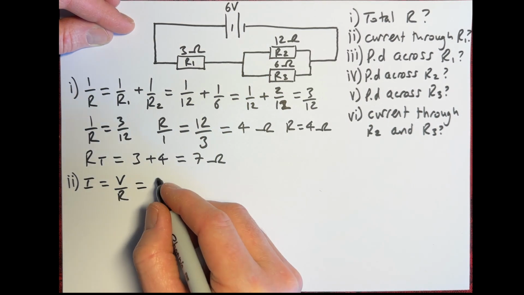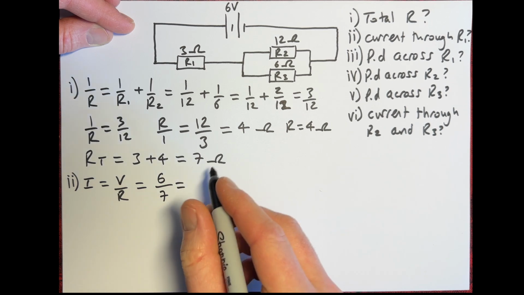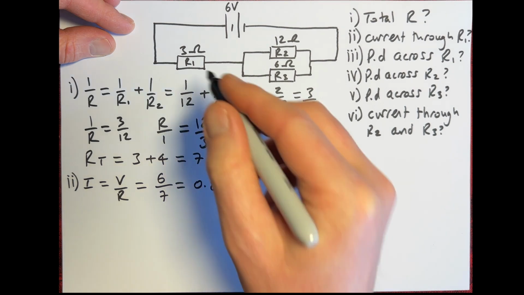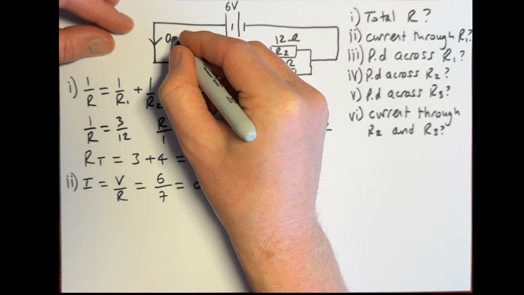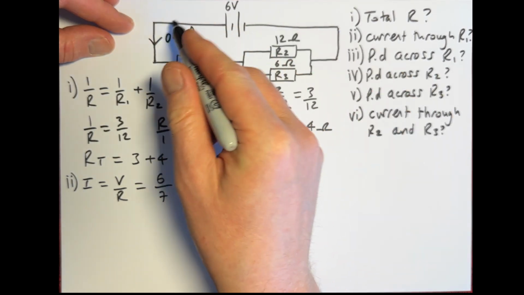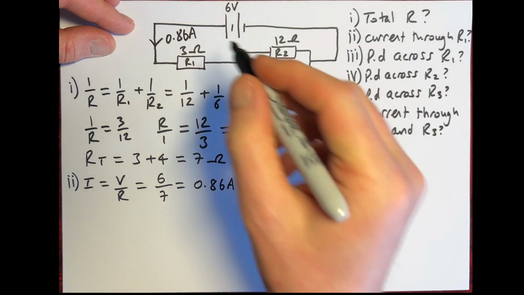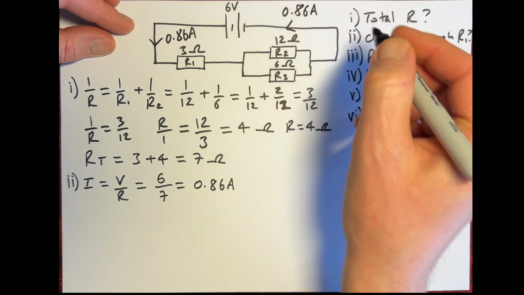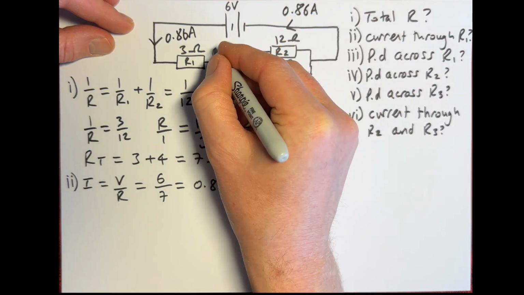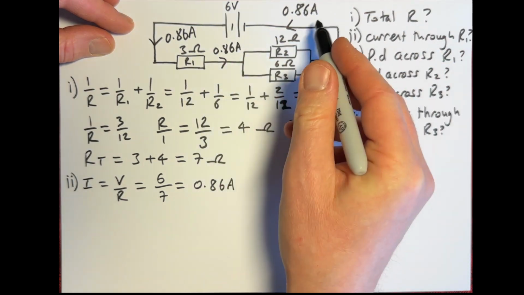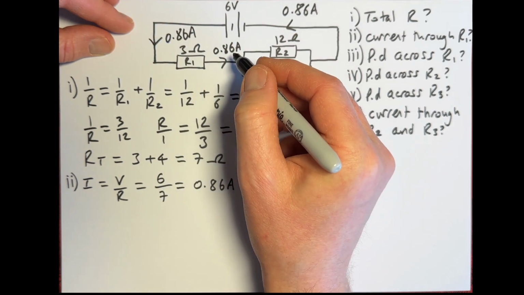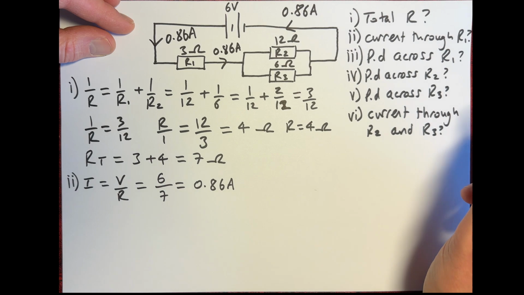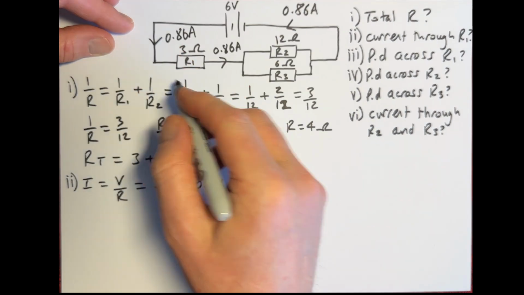So if we do 6 over 7, which gives us 0.86 amps, we now know that 0.86 amps is our total current flowing around the circuit. And we're going to get 0.86 amps here as well. So basically, to get the current, you take the total potential difference of the circuit, the battery potential difference, and divide it by the total resistance, and that gives you the current in the circuit.